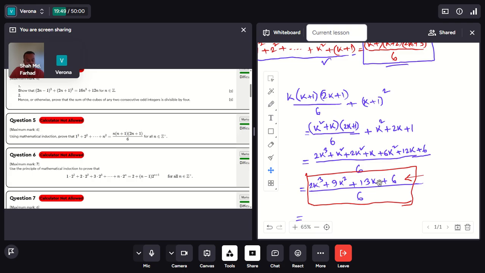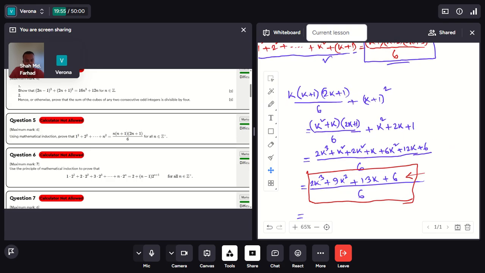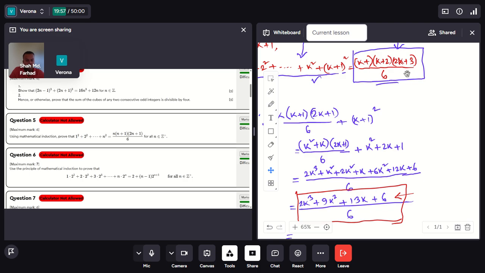So which one looks easier? Simplifying or expanding, right? Expanding this term, I think it will be easier than the factorization.